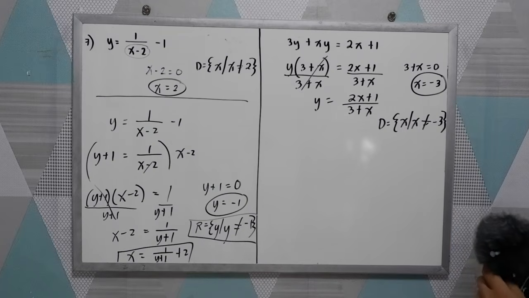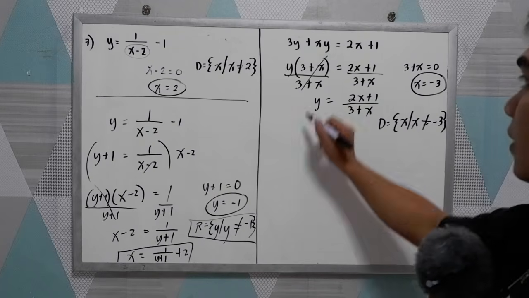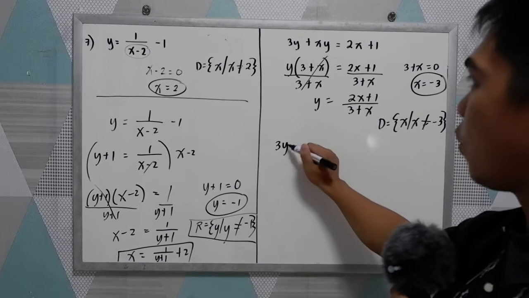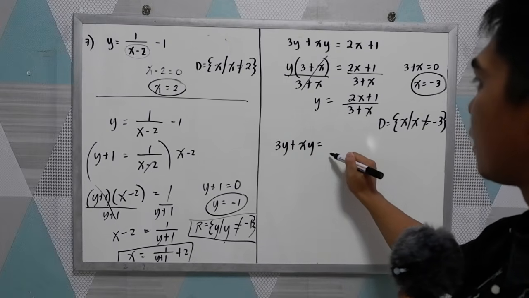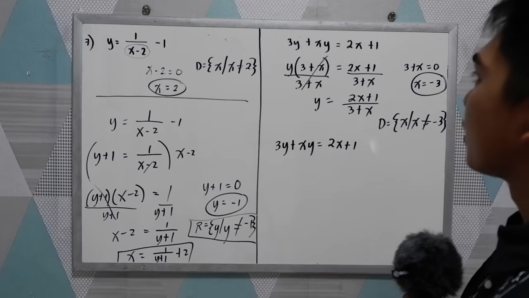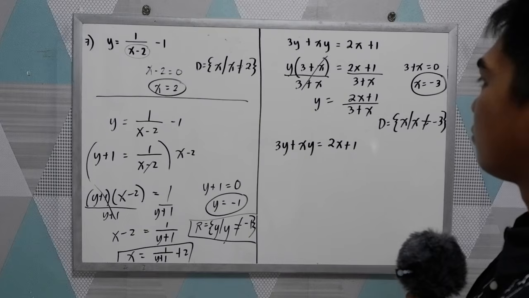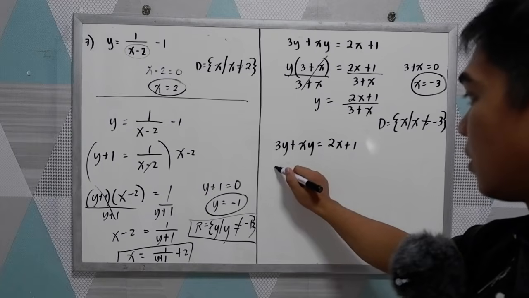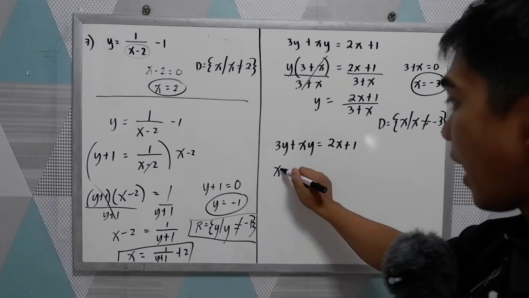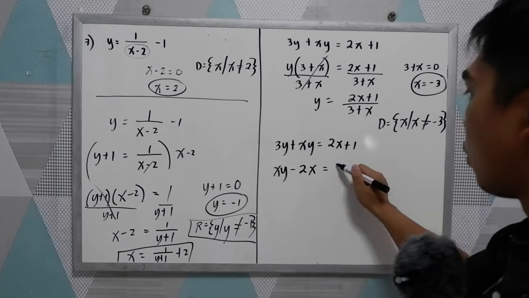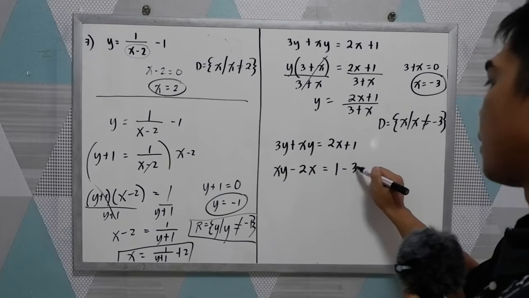And for the range, we have our original given, 3y plus xy is equal to 2x plus 1. Now, combine like terms: xy minus 2x is equal to 1 minus 3y.